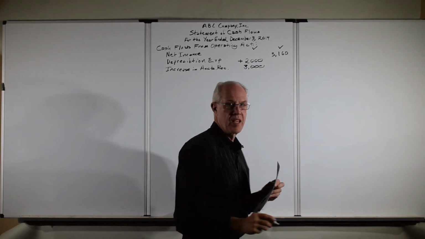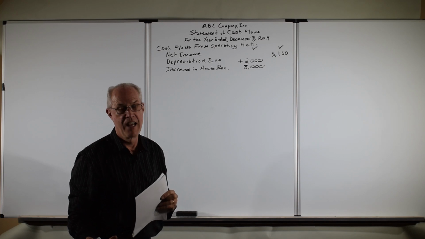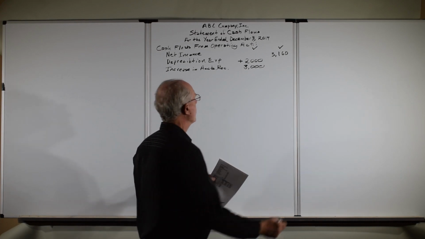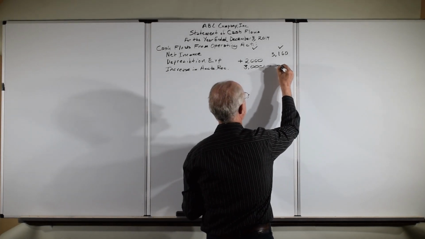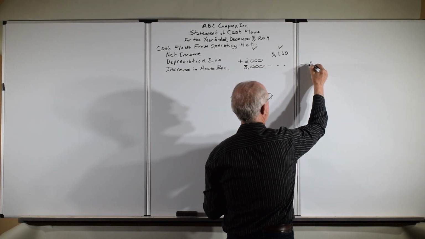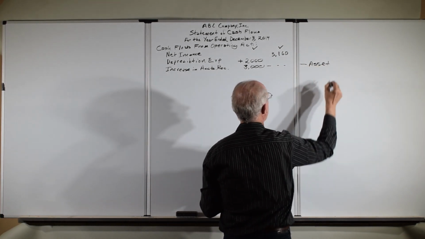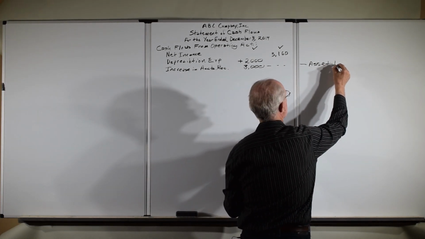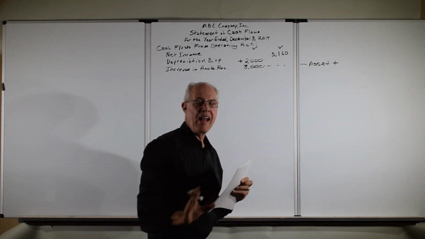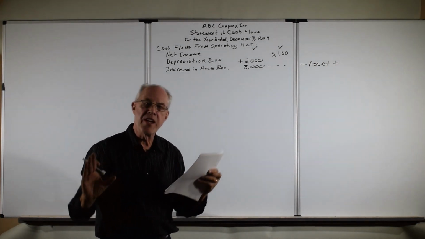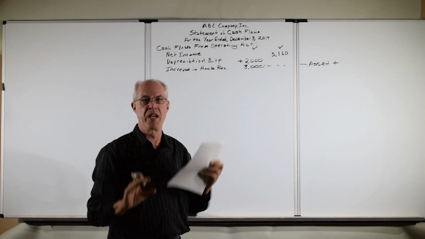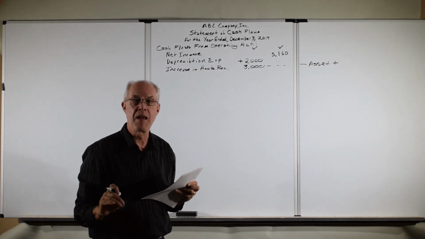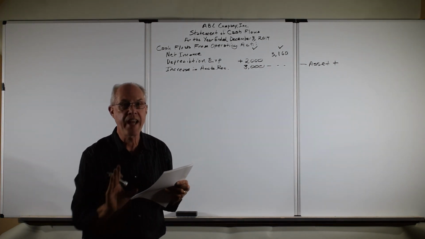Now, the question is, did this increase or decrease cash? That's the big question. Making a note over here, accounts receivable is an asset that increased. When an asset increases, a way to think of it is that the increase in the asset came because you bought an asset for cash.